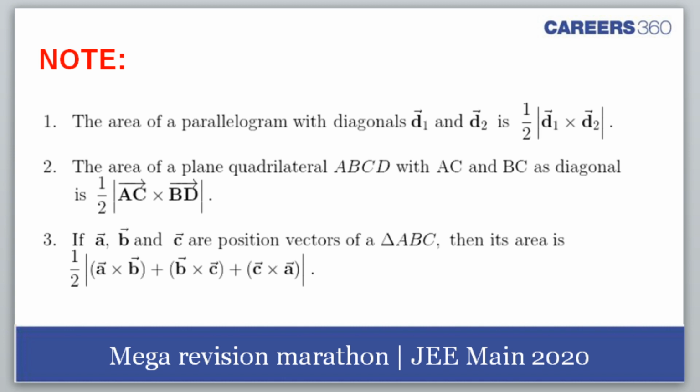Achha, by the way, we have one more formula with us. Area of a parallelogram can also be expressed as half d1 cross d2. So if diagonals are given, then also we can find the area of the parallelogram, and that would be given by half mod of d1 cross d2. Okay, that would be the magnitude of the area.